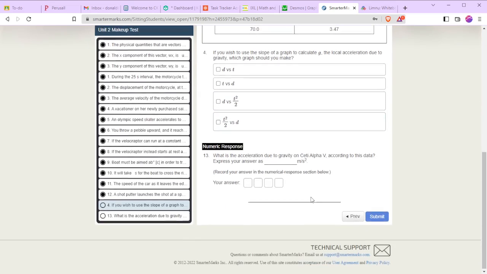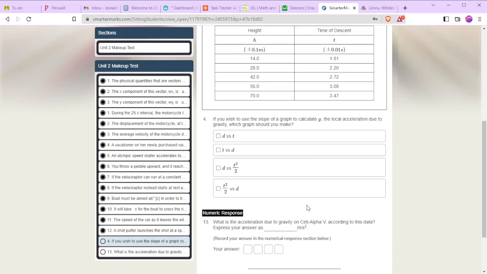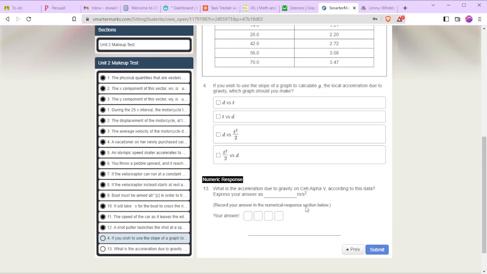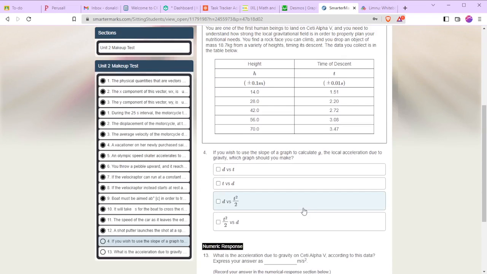So now we have something that is similar to what we'd be doing in the labs. So for this one, we are measuring the acceleration due to gravity after dropping something from a specific height.